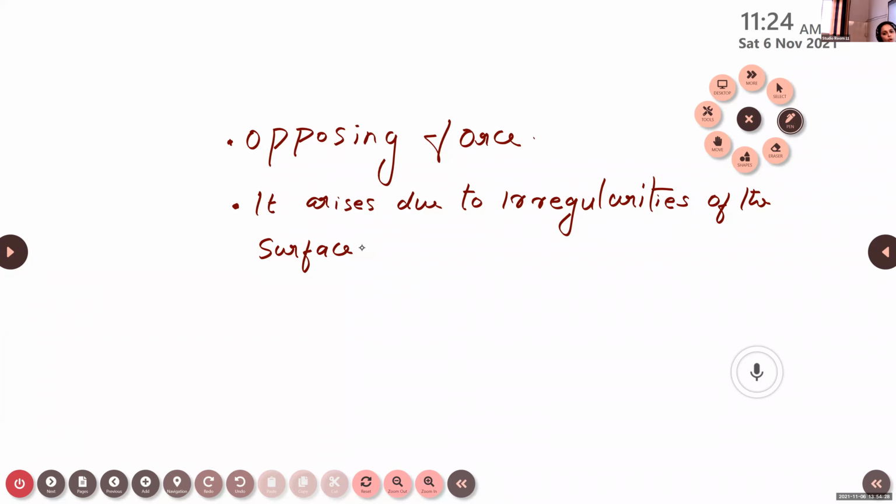After some time the ball comes to rest. If there are no external forces acting on it, after some time the ball comes to rest. It is because of the frictional force, the irregularities of the surface through which it is moving. So the frictional force arises due to the irregularities of the surface. Or we can say it arises due to the adhesive force.